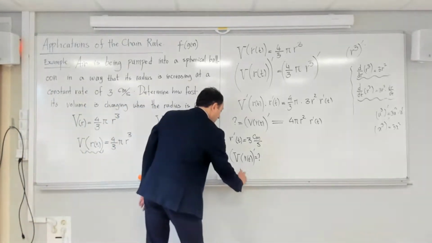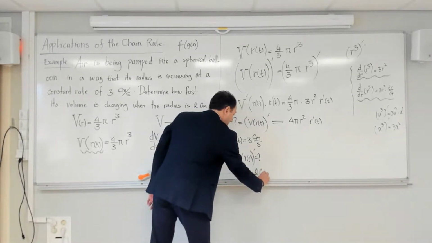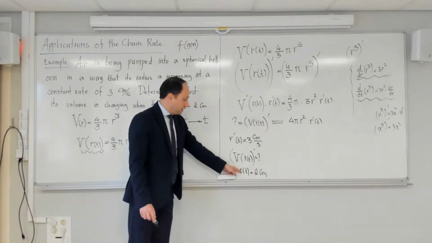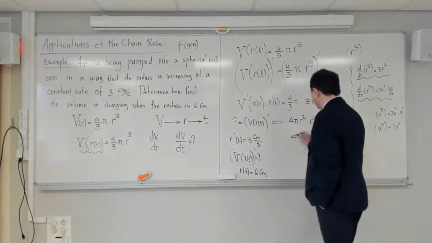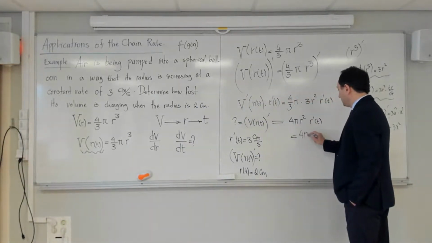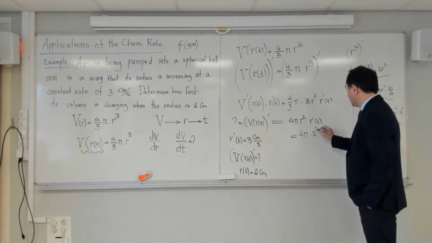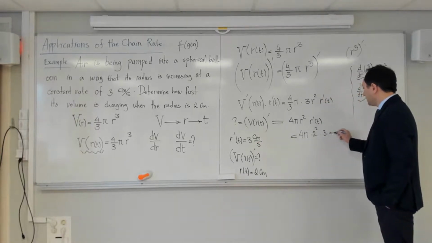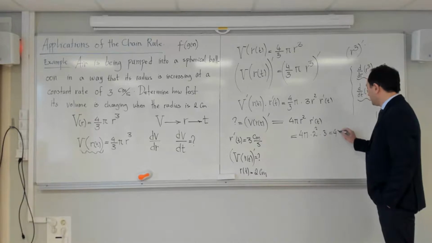So it means that the radius r at time t is given to be 2 centimeters. So this is given, this is given, this is wanted. But you have everything here. So you plug these numbers here, 4 pi. What is r? r is 2. So it becomes 2 to the 2. What is r prime? r prime is 3. So you just multiply them as simple as that. It becomes 4, 12, 48 pi.